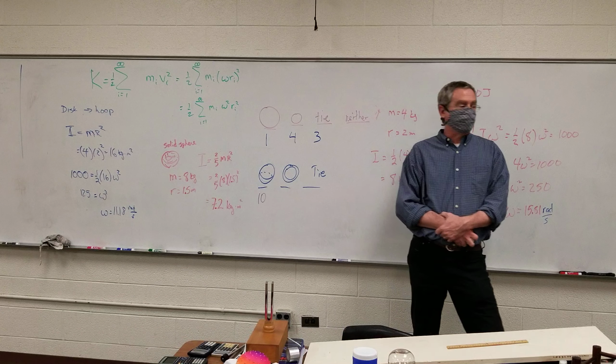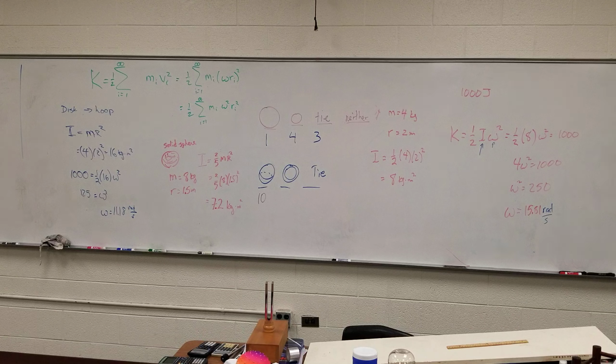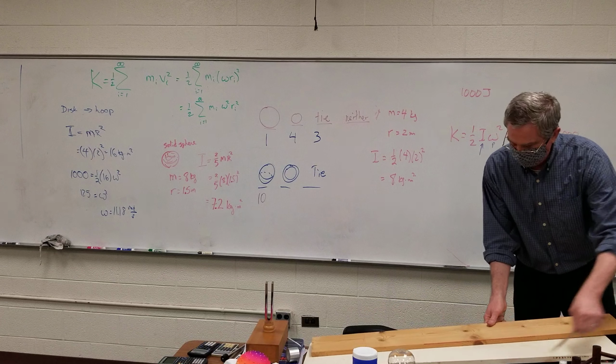Let me take one more shot to see if I can find a better board, just to eliminate part of that. Let's find out if this works in a better direction.